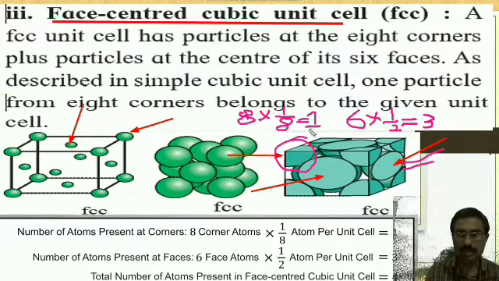And 1 particle at the corners and 3 particles at the faces of the unit cell. The total number of particles present in a face centered cubic unit cell is equal to 4.